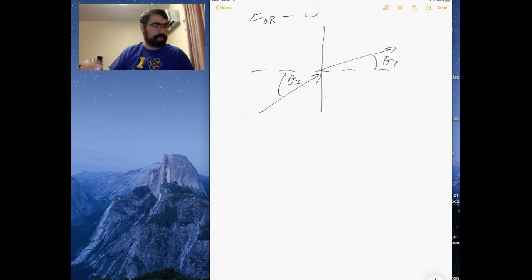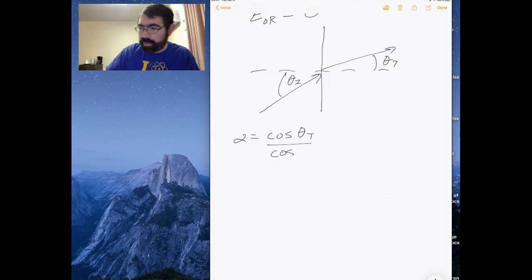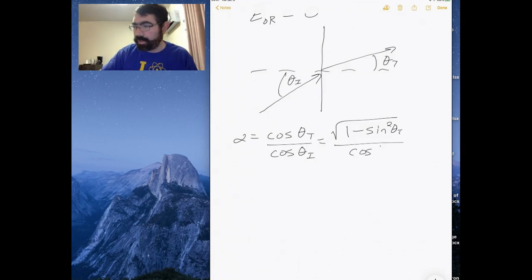Okay, so let's set those equal to each other. I said alpha was cosine theta t over cosine theta i. So I can rewrite this as the square root of 1 minus sine squared of theta t, over cosine theta i. Instead of saying the incident angle, I'll call it the Brewster's angle, theta b. So theta i now becomes theta b.